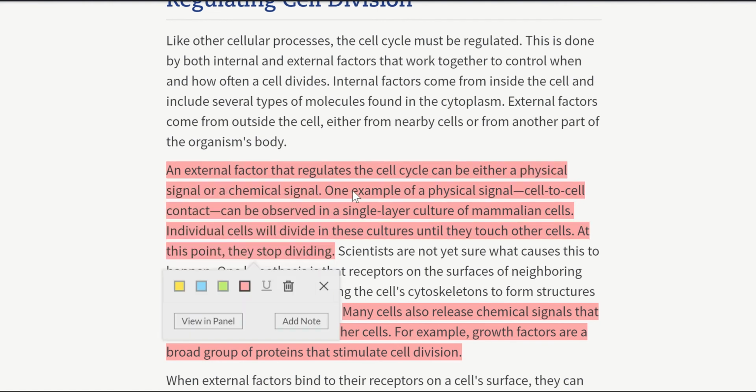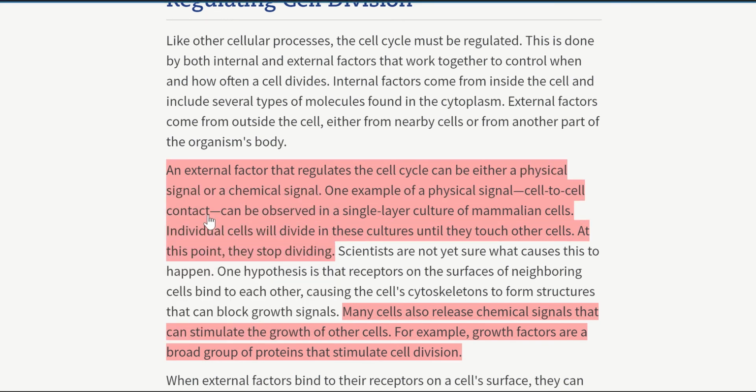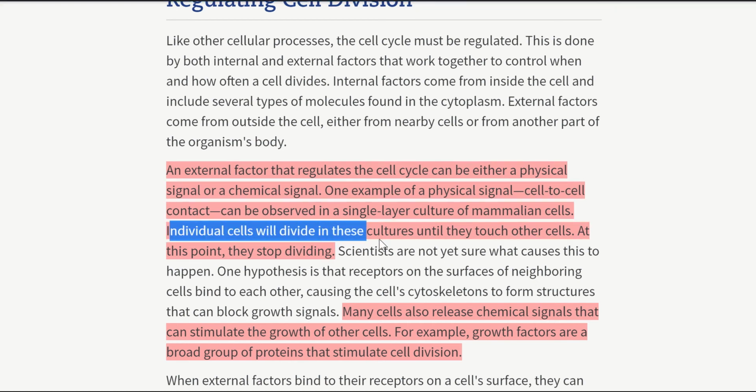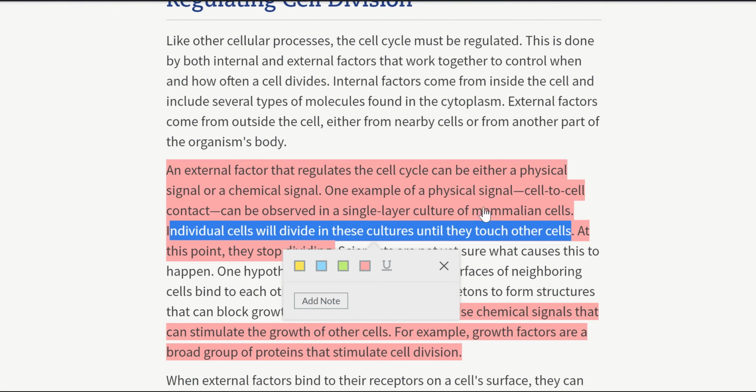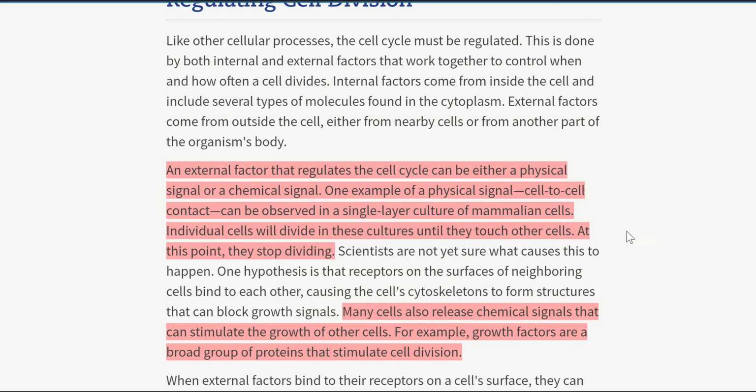One example of a physical signal is cell-to-cell contact, which means that cells have an ability to sense one another. Individual cells will divide until they touch one another. Once they touch, they know that they are out of room, and they stop dividing.